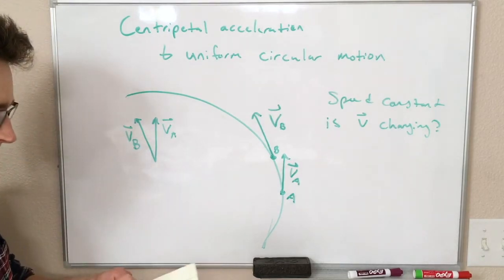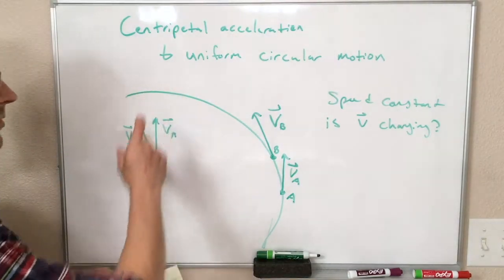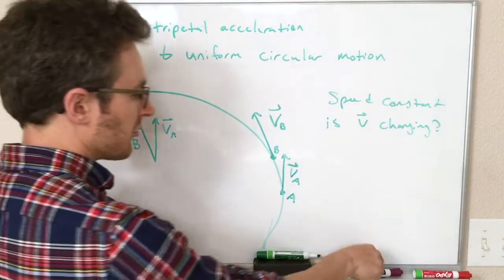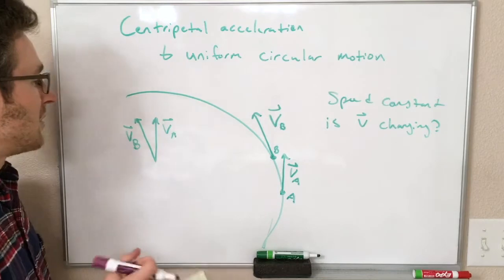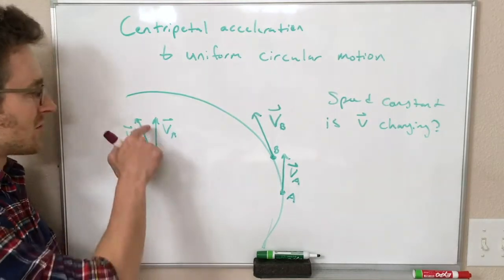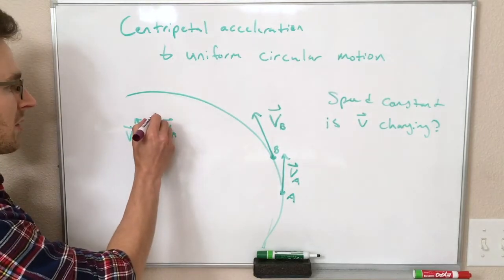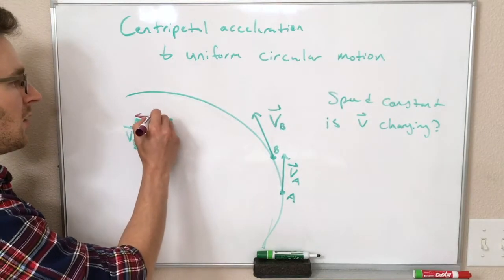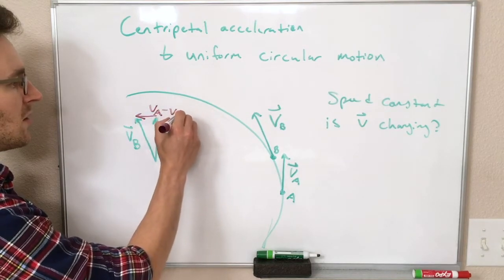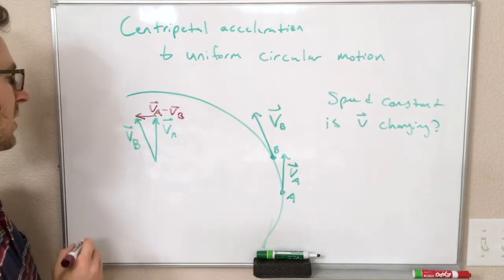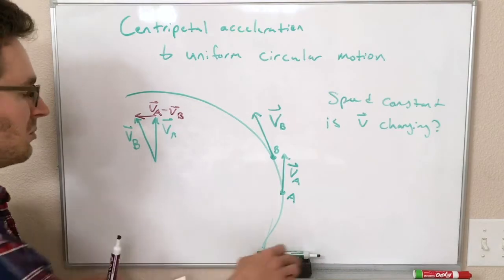We know that we can add vectors by arranging them pointing head to tail. From that, and you don't have to know this, but just so you know what I'm about to do, subtracting vectors is the same as drawing a vector between the two heads of the vectors. So something like this, that vector is equal to VA minus VB. Let me double check that. No, that's VB minus VA.